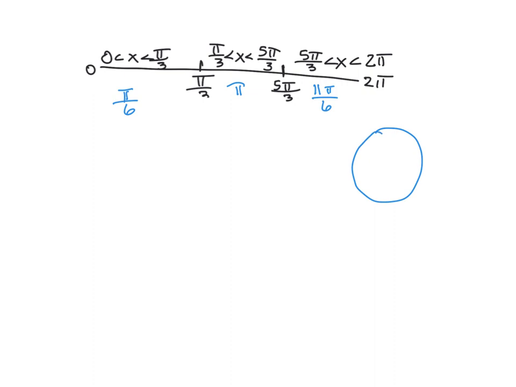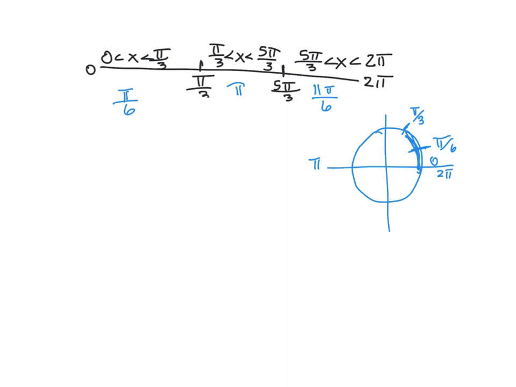Remember our unit circle. We know that this is 0, this is pi, and over here is 2 pi. We know that we have pi over 3, so I know I need to find something in between 0 and pi over 3. I could have easily picked pi over 4, but I also know that pi over 6 is here.